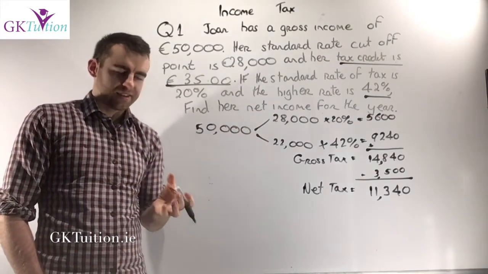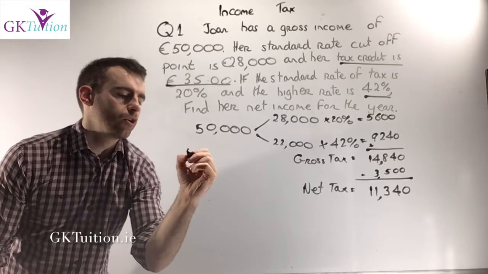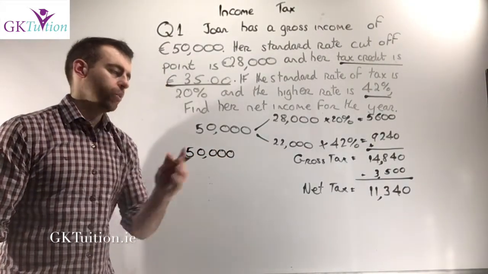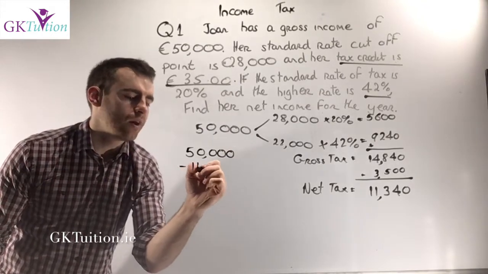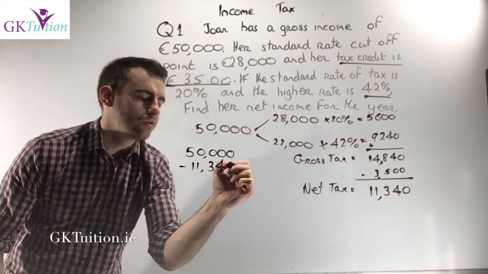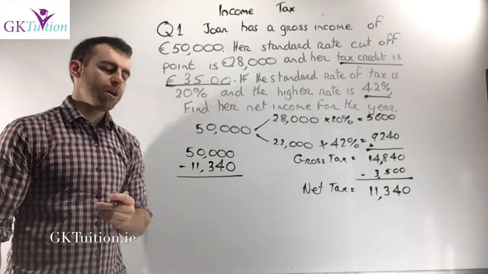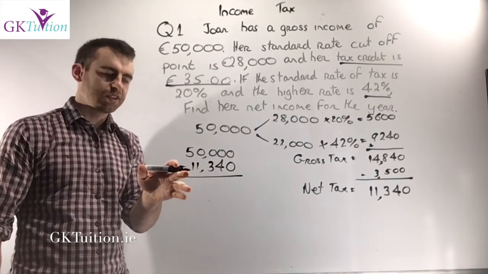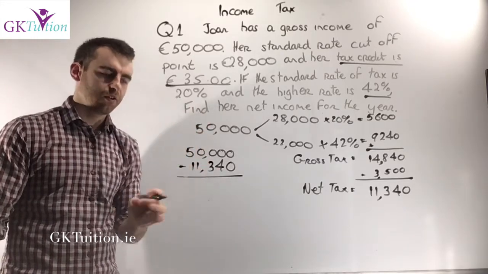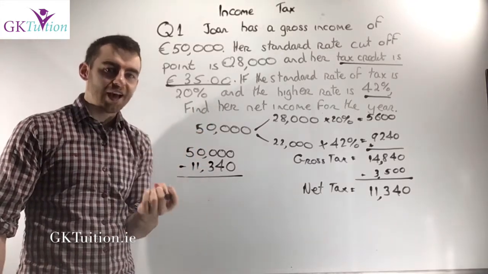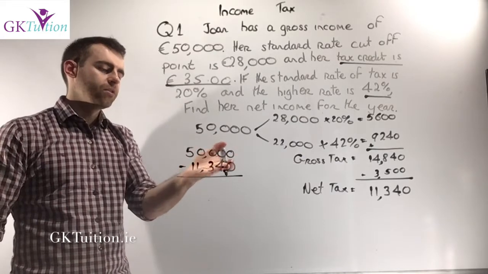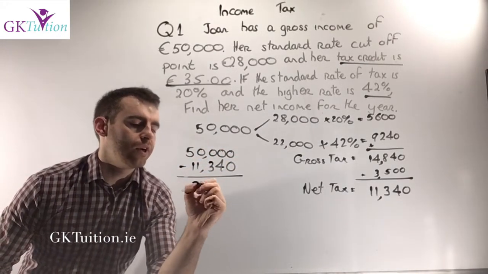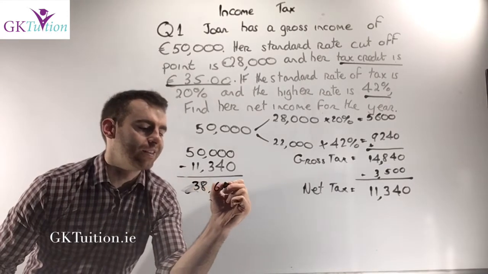These two figures are going to allow me to work out her net income, the amount of money that Joan actually gets to spend. So her company pays her a gross income of €50,000, but the net tax that she has to pay on that €50,000 is €11,340. If I get the amount of money her company has to pay her minus the amount of tax she has to pay, that will give me the net income, the amount of money that she will actually receive. €50,000 minus 11,340 will leave me with €38,660.